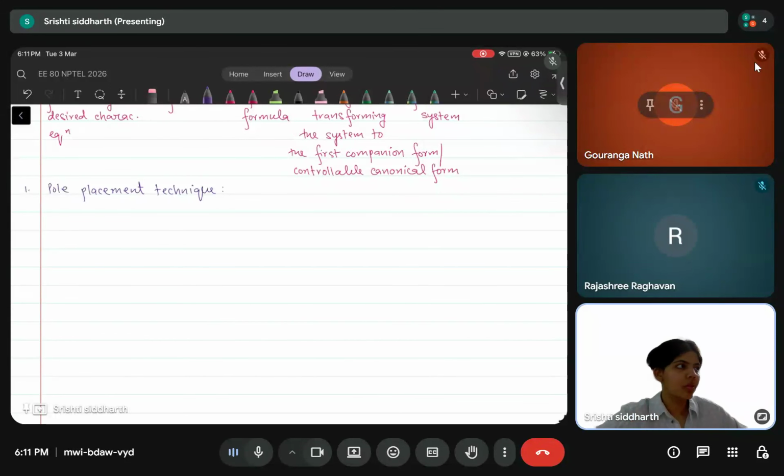Okay, so we are going to deal with LTI systems. x dot is Ax plus Bu, and the output is Cx plus Du. There are n states for the system.